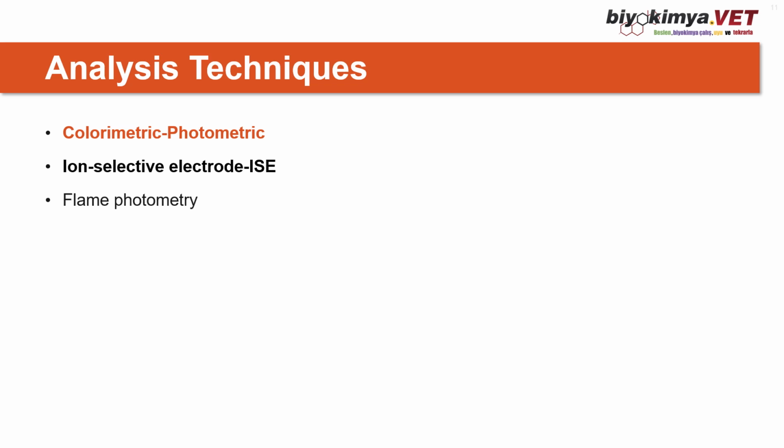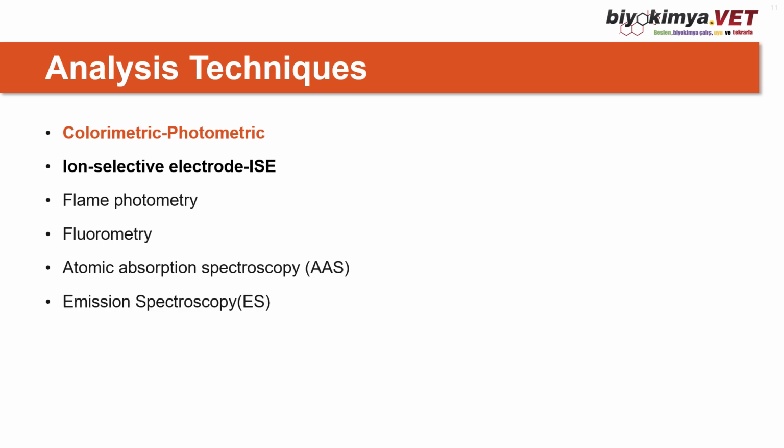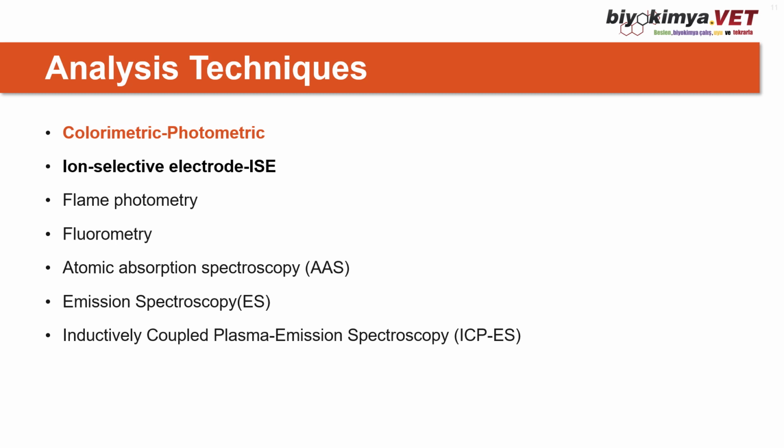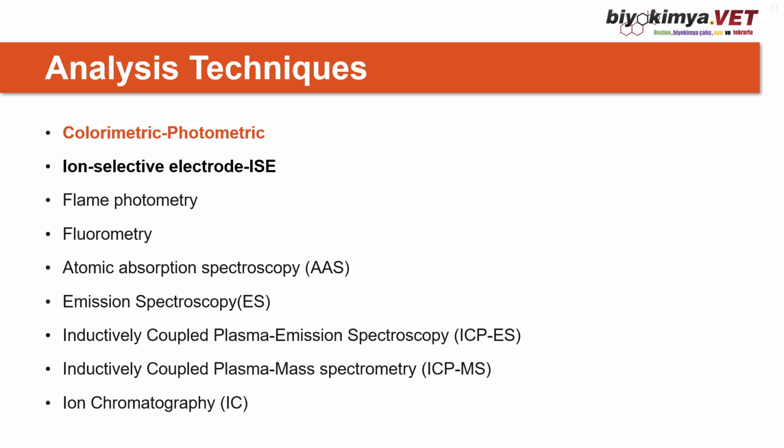There are also other techniques such as flame photometer, fluorometer, atomic absorption spectroscopy, emission spectroscopy, ICP-ES, which means inductively coupled plasma emission spectroscopy, inductively coupled plasma mass spectrometry, and ion chromatography. As you see, we have too many options.